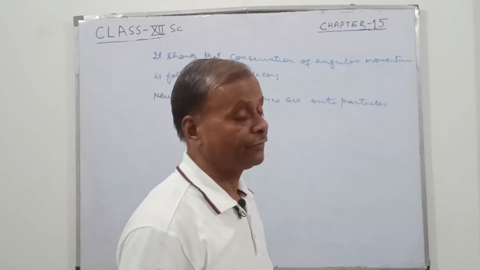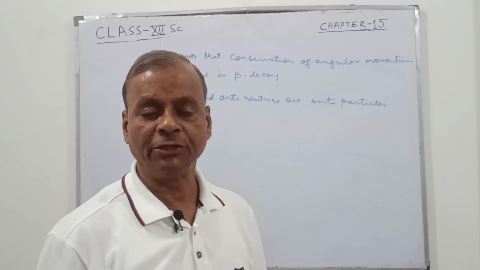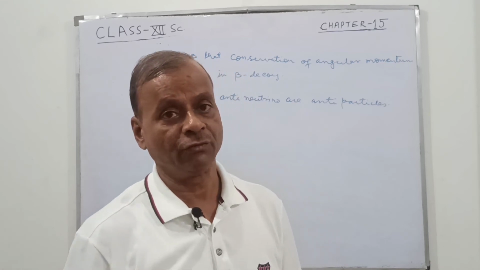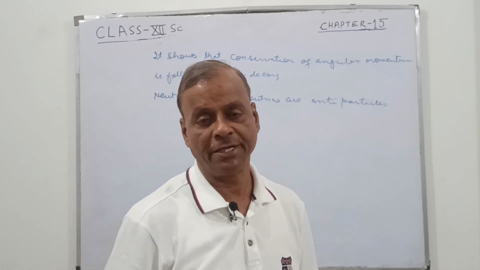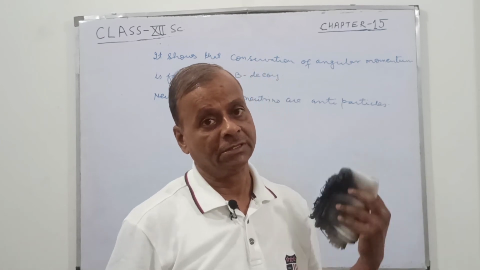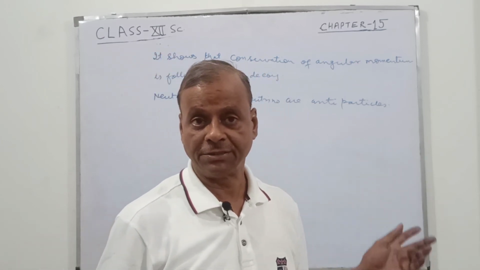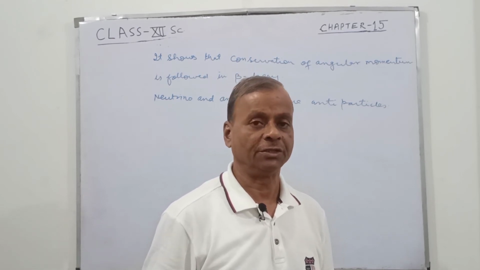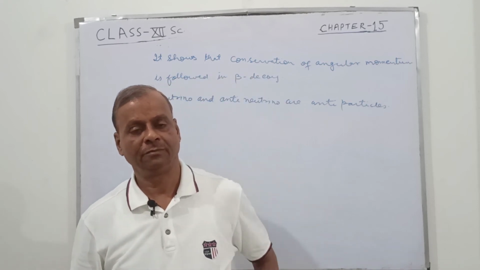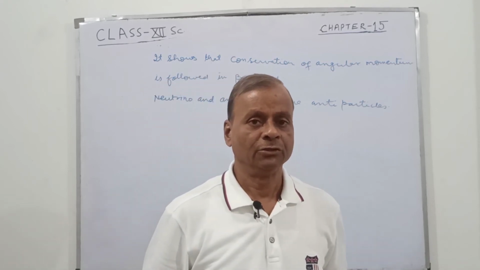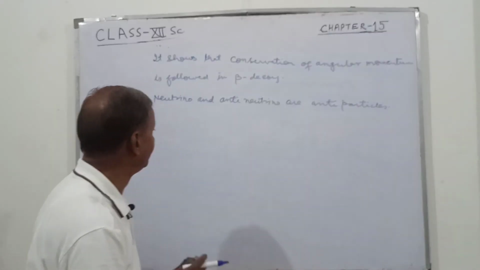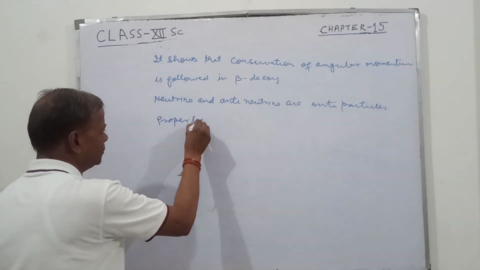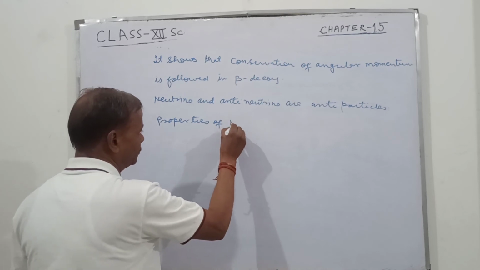Moreover, if you see the properties of neutrino, neutrino has zero mass at rest, and it has the angular momentum plus minus 1 by 2 h upon 2 pi, and this neutrino shares the energy of the beta particle during the emission of electron or the positron. So these are the properties of neutrino.